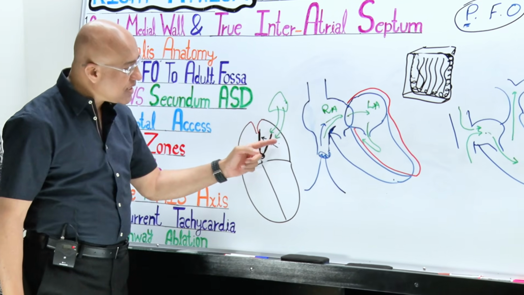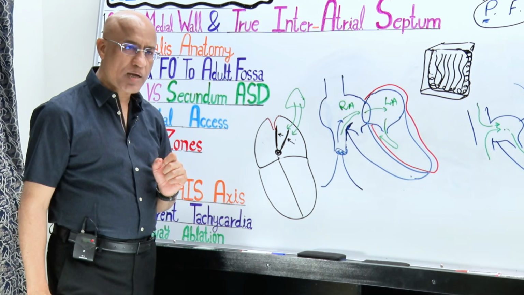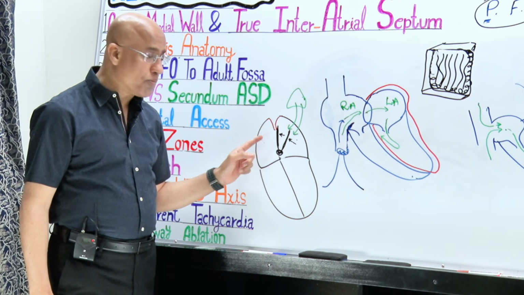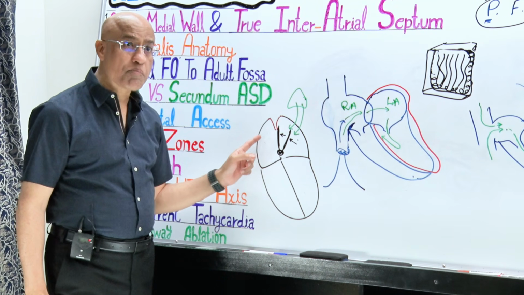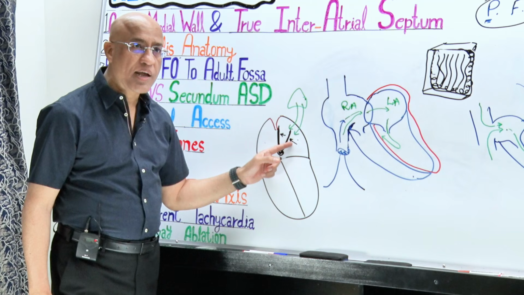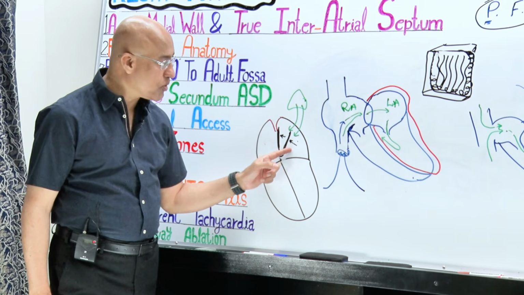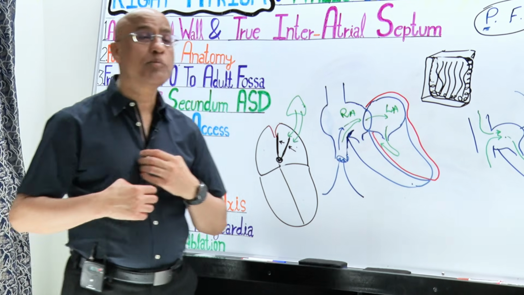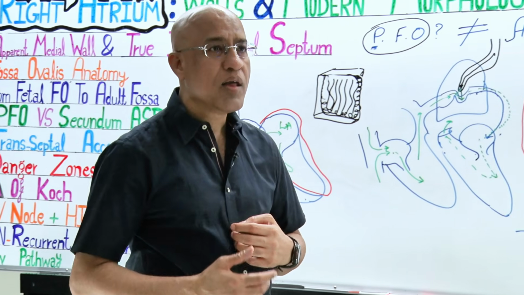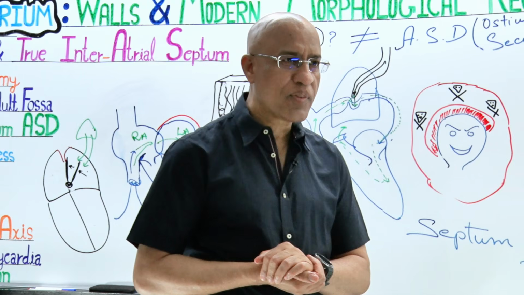And when this shunting occurs, what will happen? If the thrombus or embolus is here, it might go through that blood to the left side of the heart, then to the left ventricle, then the aorta, and it might go straight to the brain and produce a stroke.